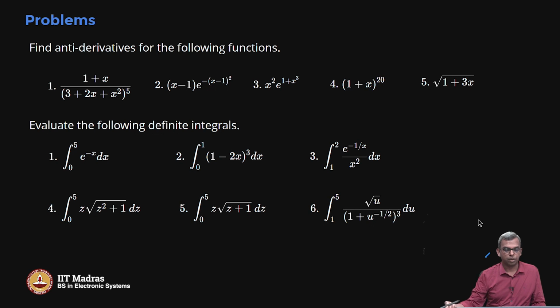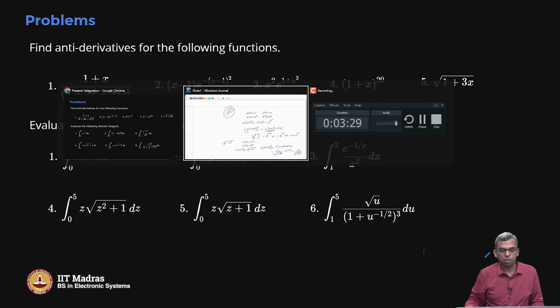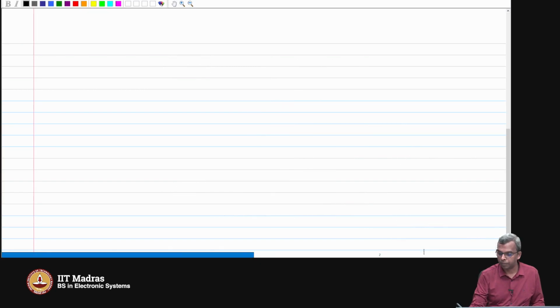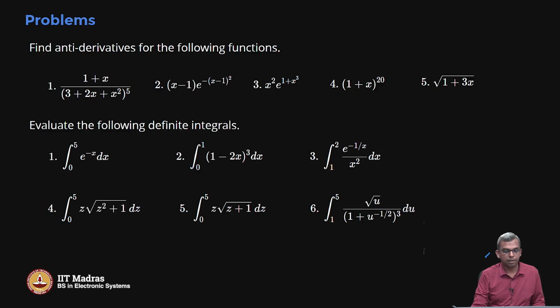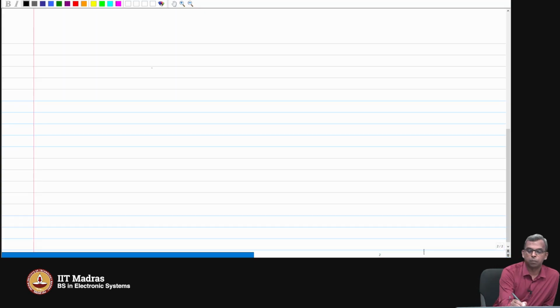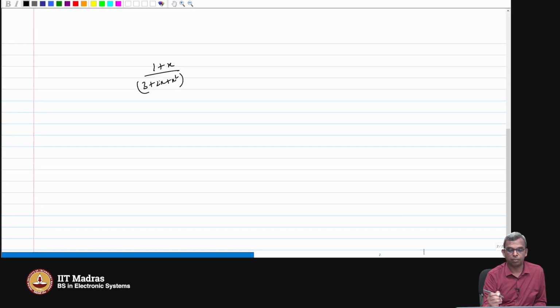Let me go through some of these problems in some detail. The first problem is 1 plus x divided by 3 plus 2x plus x squared, the whole power 5. This is the function that you are looking at.